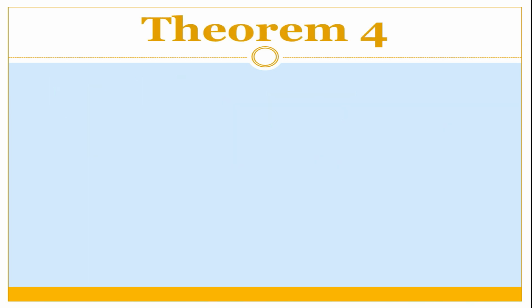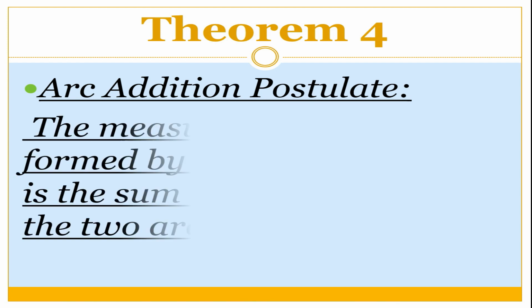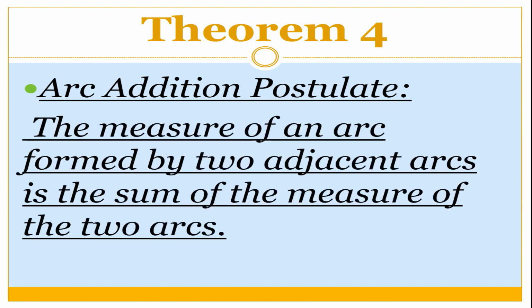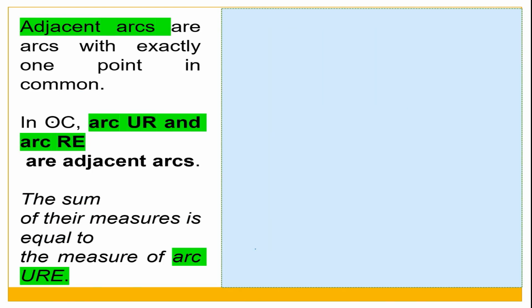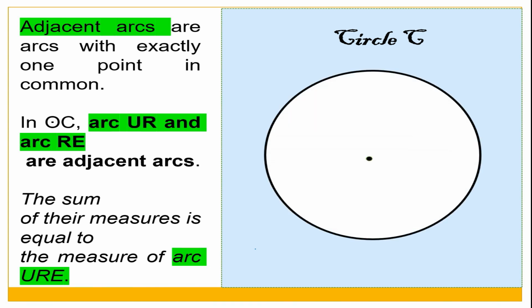Now, let's proceed to theorem number 4. Theorem number 4 states that arc addition postulate, the measure of an arc formed by two adjacent arcs is the sum of the measure of the two arcs. Given circle C on the right, adjacent arcs are arcs with exactly one point in common.